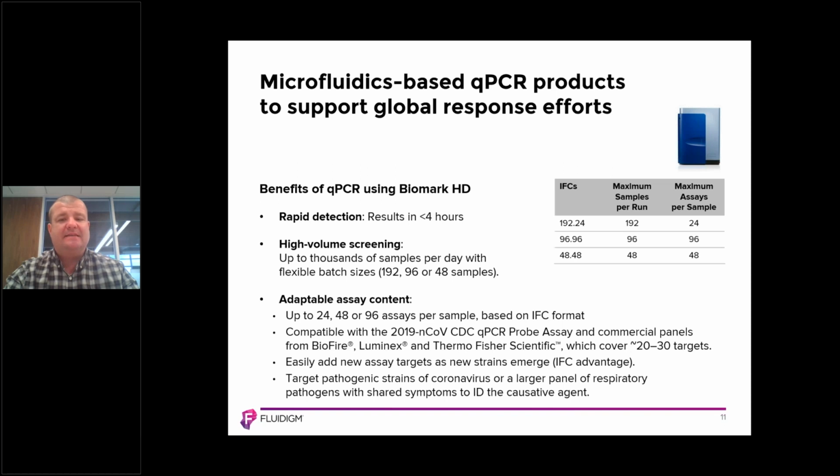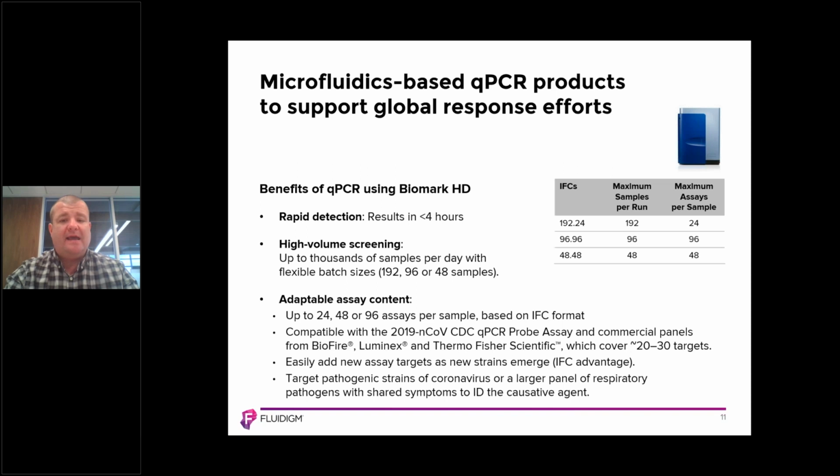The 96.96 IFC can process 96 samples per run across 96 assays. The 48.48 IFC can process 48 samples per run across 48 assays. This means that our microfluidic-based PCR application can process high volume screening of up to thousands of samples per day.